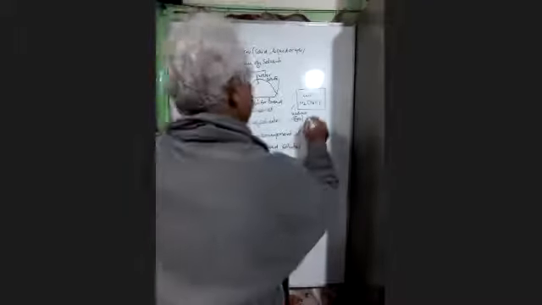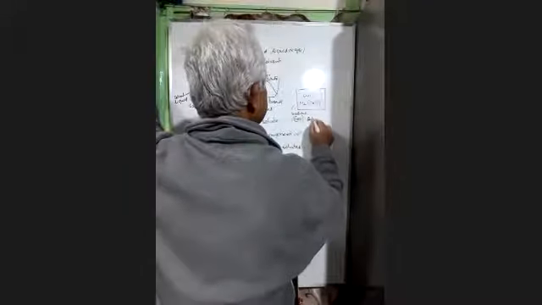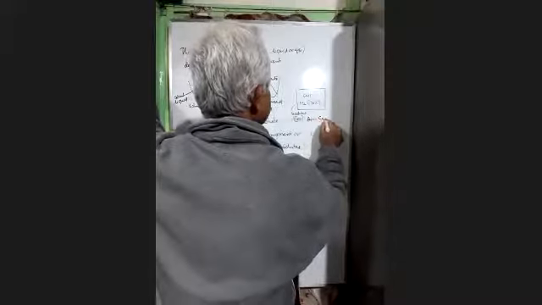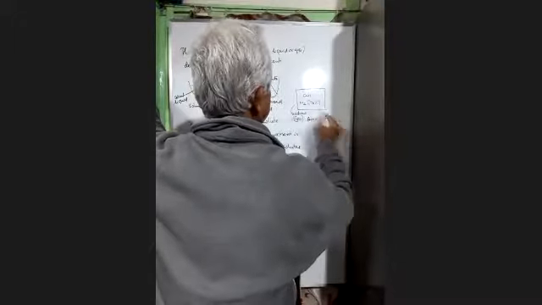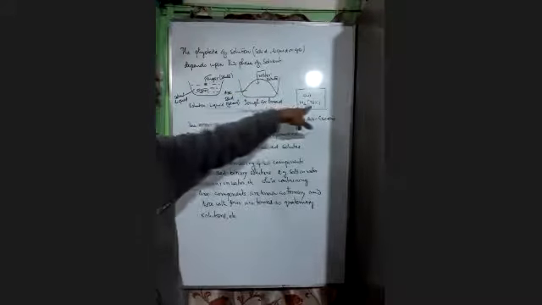So air is also gaseous. Please remember, the physical state of a solution, solid, liquid or gas, depends upon the phase of the solvent. Here the phase of the solvent is liquid. Here the phase of the solvent is solid. And here the phase of the solvent is gas. Clear? So please remember.